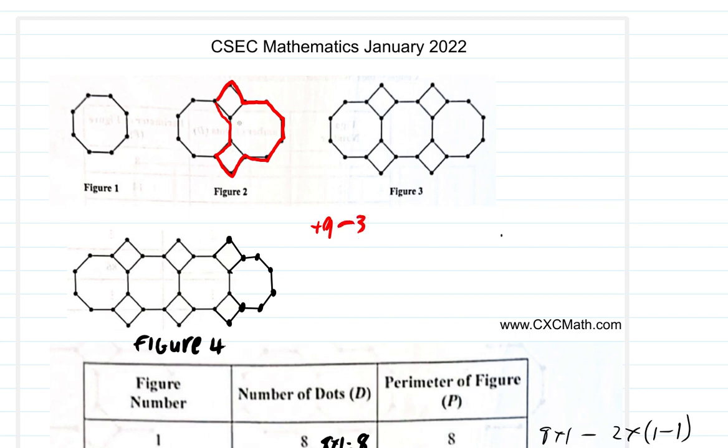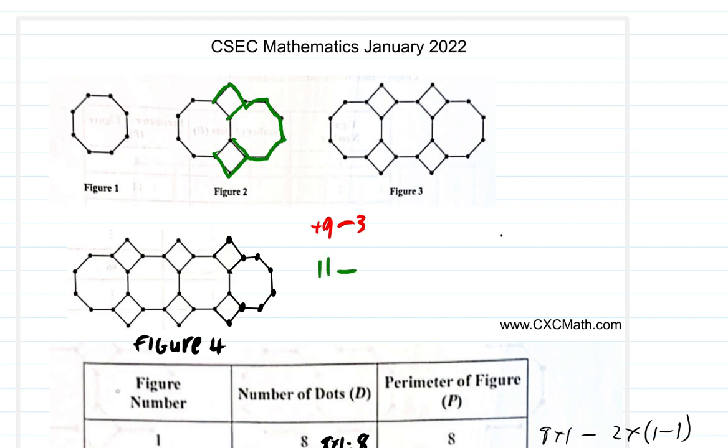Now, if you count all the lines, not just the perimeter, what you added in terms of total number of lines, all the lines, was 1, 2, 3, 4, 5, 6, 7, 8, 9, 10, 11.